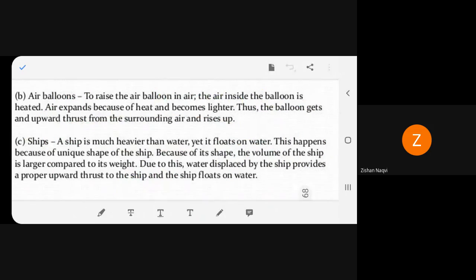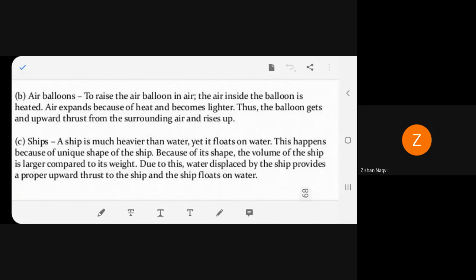Due to this, the water displaced by the ship provides a proper upward thrust, and the ship floats on water. The water which is displaced by the ship obviously gives a proper upward thrust, the buoyancy, because of the larger volume. The volume of water displaced is more than the weight of the ship.